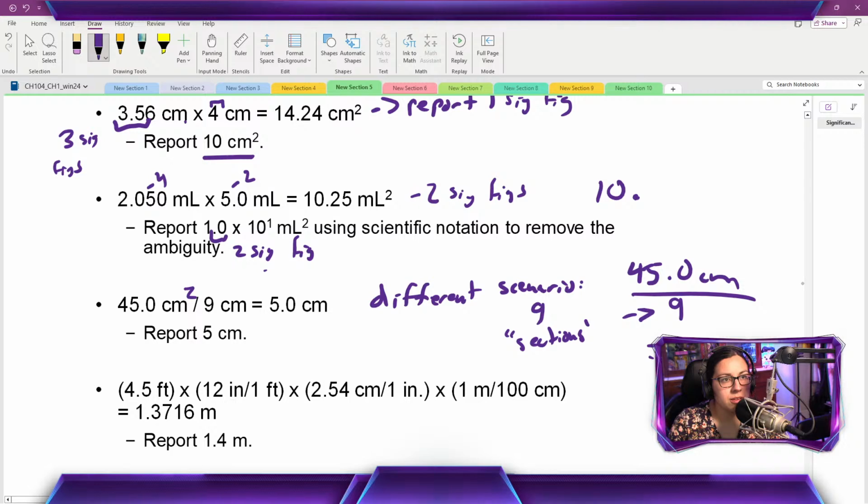Does that make sense, the distinction? And so sometimes this is called like a difference in population, again, whether you can discretely count, or is it something like, what if you were trying to do an average population? Like if you were measuring the population of wild turkeys in Ashland or Jacksonville, wherever all these turkeys are that I keep seeing pictures of. But if you're trying to do a population, that's where the sig figs of your number would matter again.